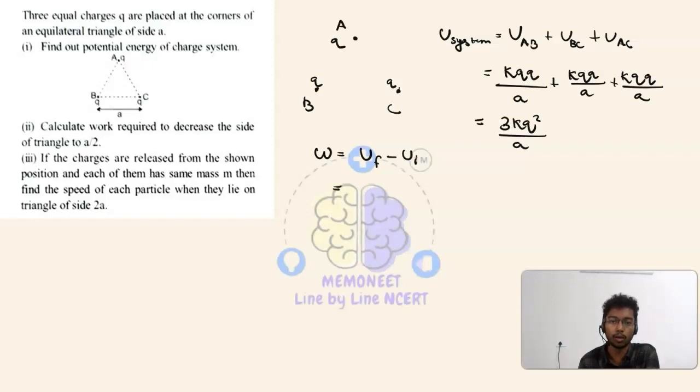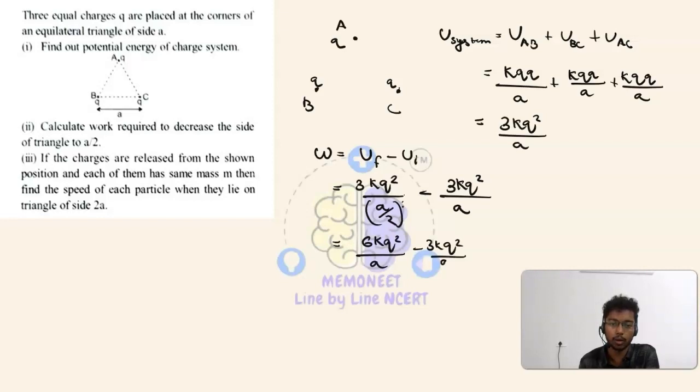So U final will be 3kq² upon a/2, it is not squared, it is a/2, minus 3kq²/a. So this will be equal to 6kq²/a minus 3kq²/a, that will be equal to 3kq²/a.